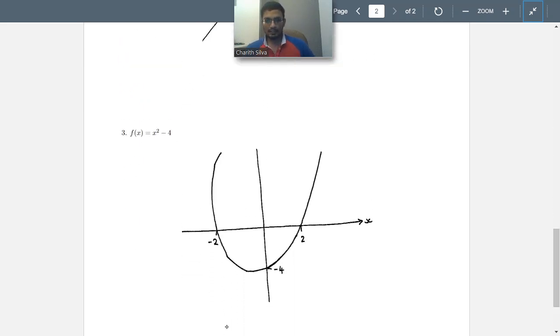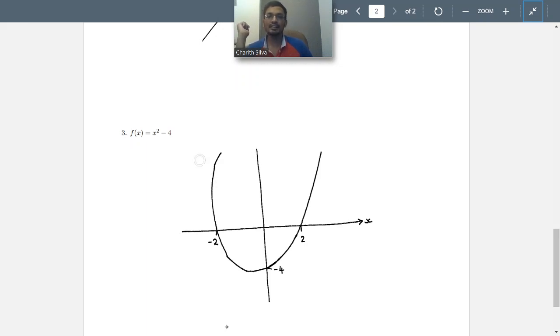And for the second problem, they have almost figured out the correct shape. Also, they have marked the x-axis and the y-axis intercept, which is a strength, but they have not labeled the y-axis. Also, there is one more thing.